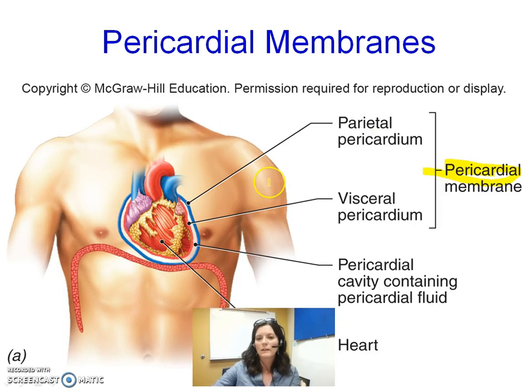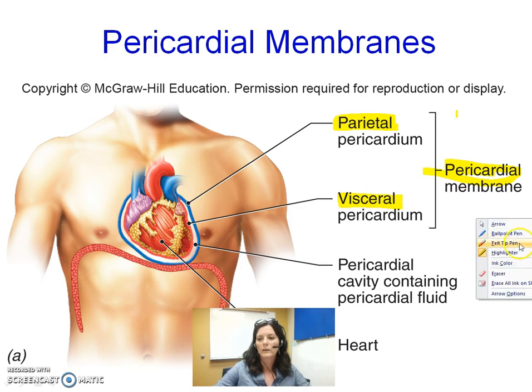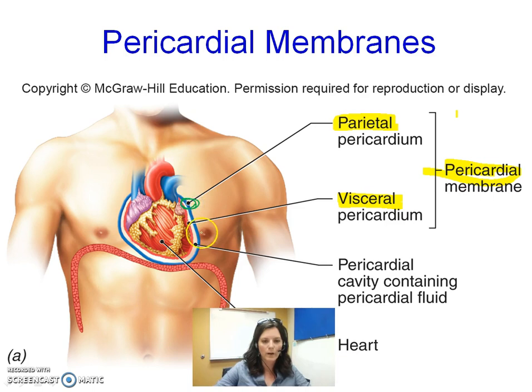The same thing is going to be the case in the pericardial cavity where the heart is. We're going to start with the membrane that's lining or covering the surface of the heart. That's the visceral pericardium. And the part that's covering the outside of the cavity is the parietal pericardium. You can see that over here in this diagram. The blue line is the parietal pericardium.